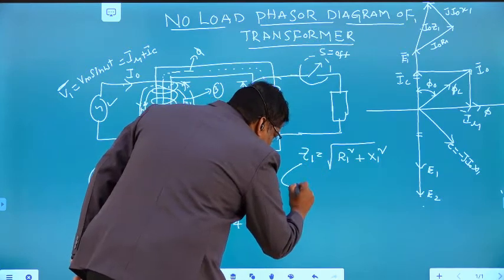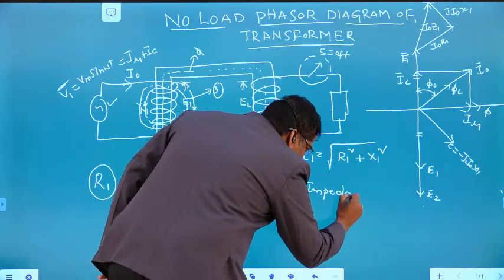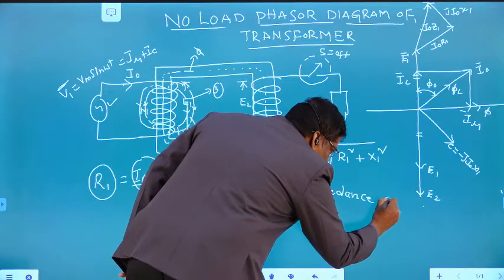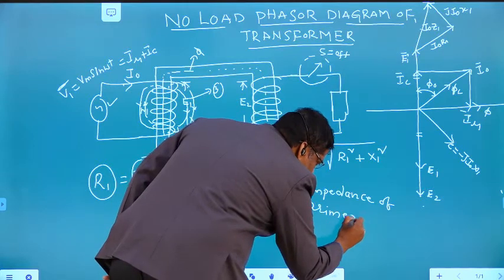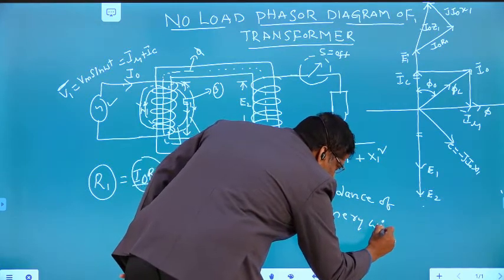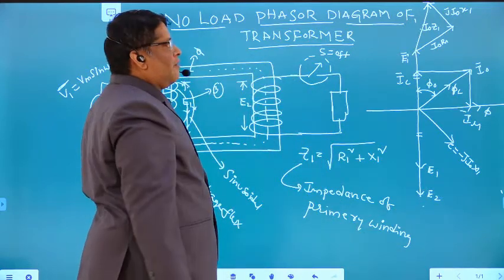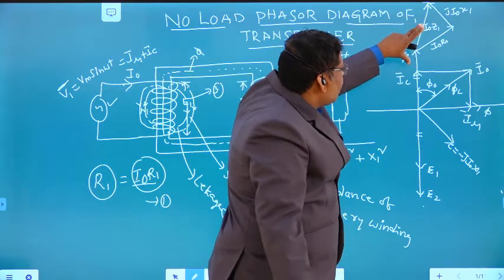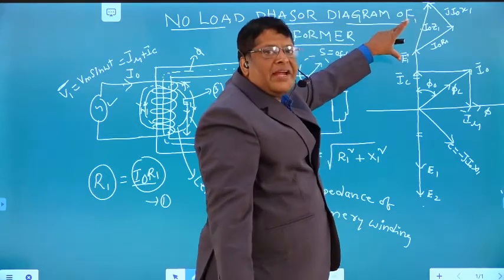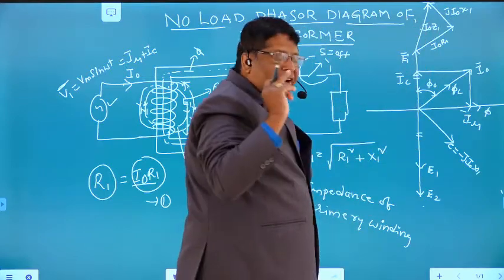Z1 is nothing but the impedance of the primary winding. Now, this phasor diagram is representing the primary winding at no load of a transformer. So from this phasor diagram, we can write a relation.